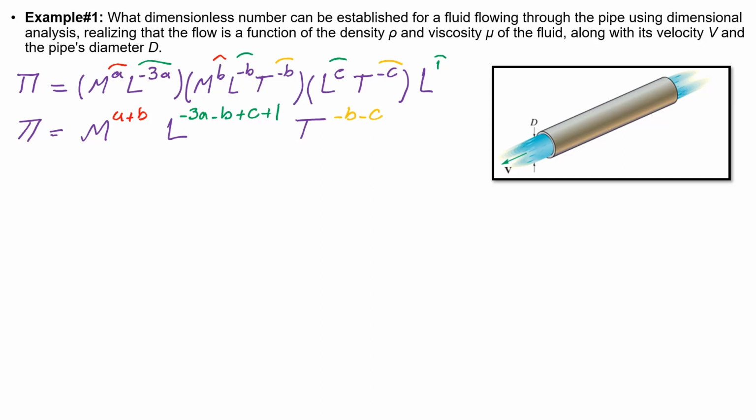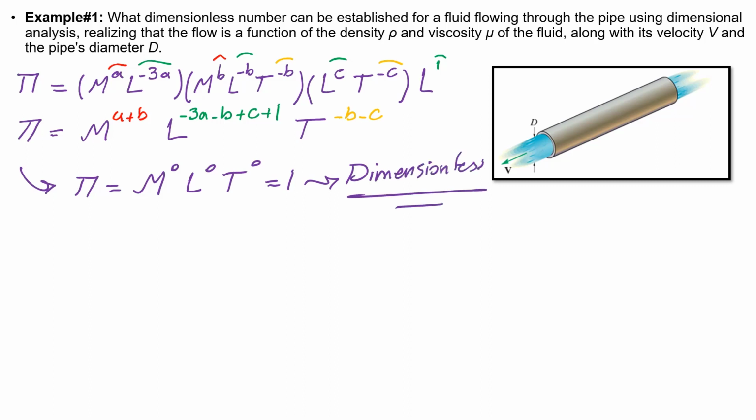Now, again, because pi has to be dimensionless, the exponents of every single principal dimension should be equal to 0. So what happens if that is the case? If this is to the power 0, and this is to the power 0, and this is to the power 0, then it would be 1, right? Which means dimensionless.